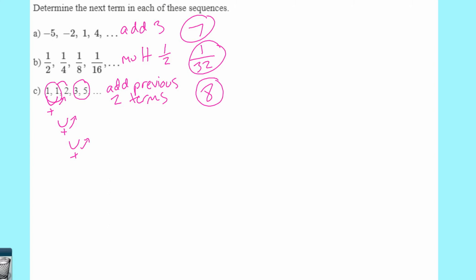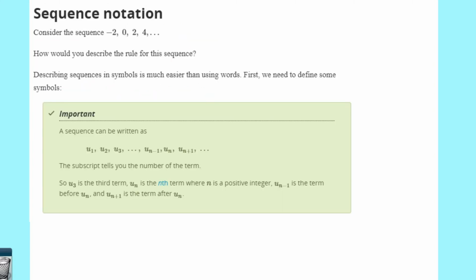Now, notation. How do I separate one term from the next? The textbook, Cognitive, likes to use U. I always wrote it with an A. The Pearson textbook uses T. It doesn't matter.